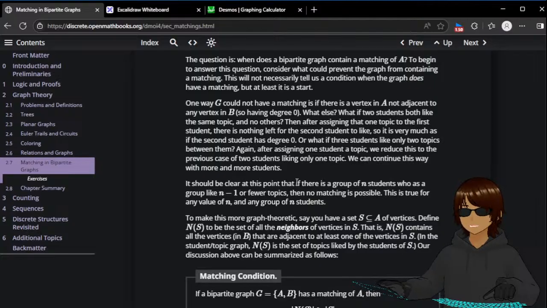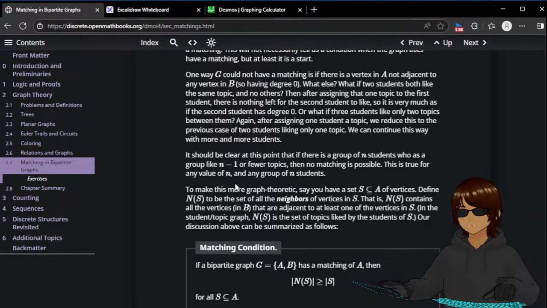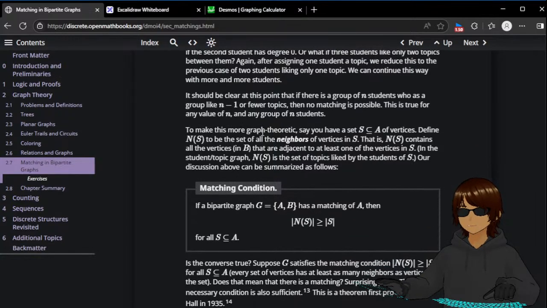It should be clear at this point that if a group of n students as a group like n minus 1 or fewer topics, then no matching is possible. This is true for any value of n in any group of n students. To make this more graph theoretic, say you have a set S, which is a subset of A of vertices.